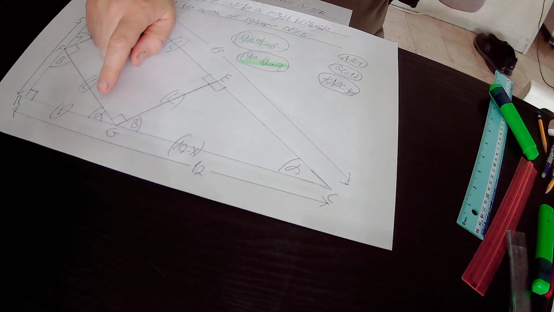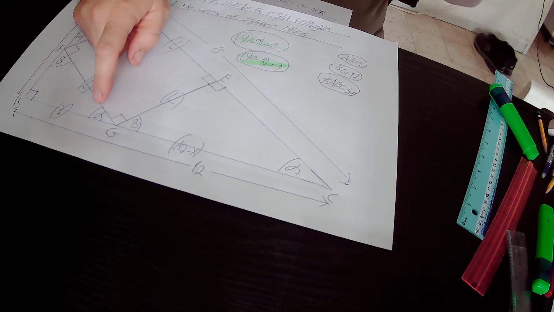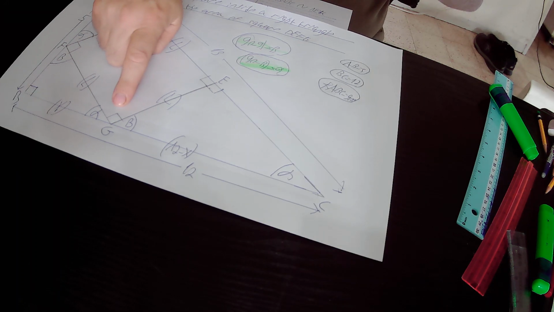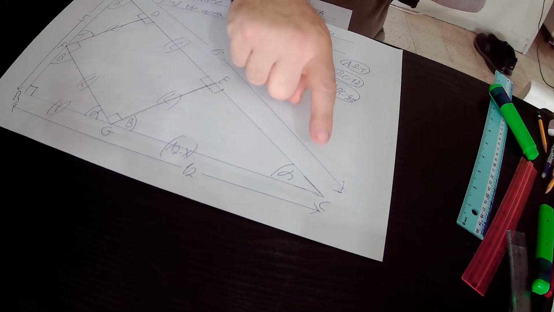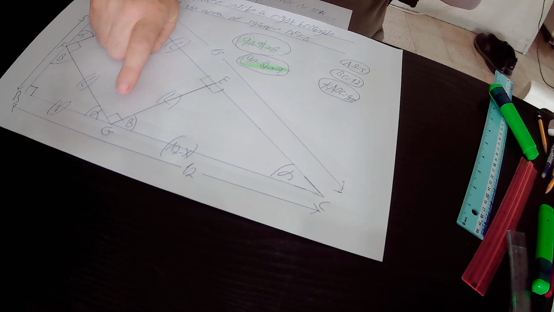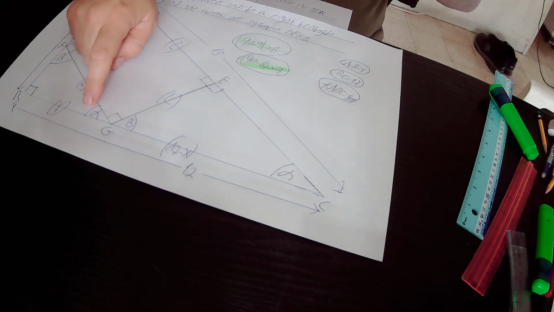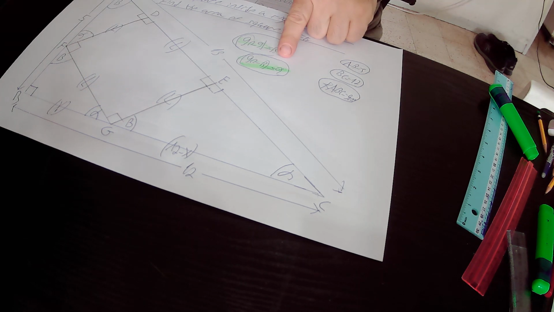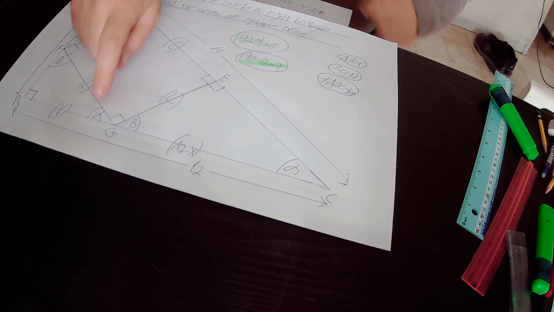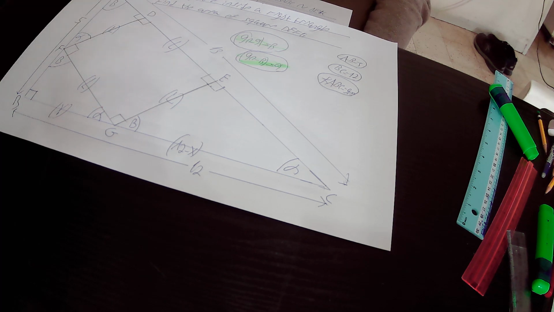Therefore, the missing angle here must be equal to 90 degrees minus beta. Why? Because 90 degrees minus beta plus beta is 90 degrees, and 90 degrees plus 90 degrees is equal to 180 degrees. That is the sum of the angles on the upper side of the straight line BC at point G. But 90 degrees minus beta equals alpha, therefore the missing angle here equals alpha.